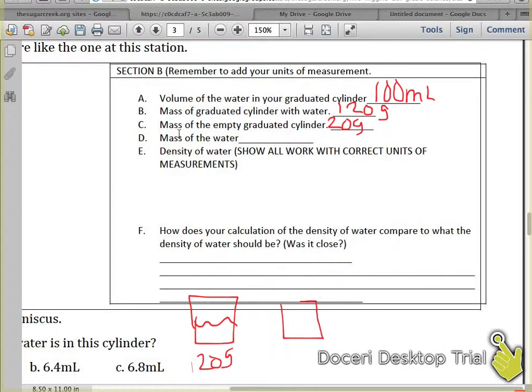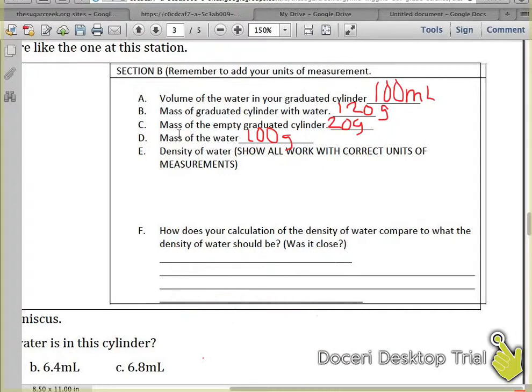Then we had a graduated cylinder that was empty, which equaled 20 grams. So just to get the water, we had to do what to the two? Subtract, to give us 100 grams. So this was our first portion where we had to do math. But it was very simple math, correct?